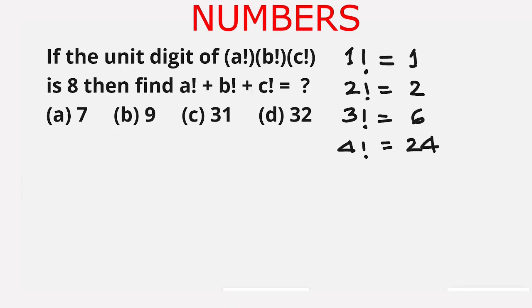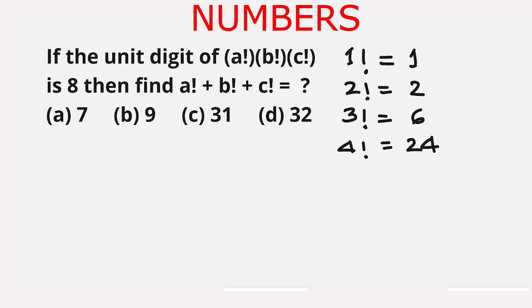And on observing, if we have to have the ones place digit after multiplication 8, then that can be 1 factorial, 2 factorial and 4 factorial, or it can be 2 factorial, 3 factorial and 4 factorial.